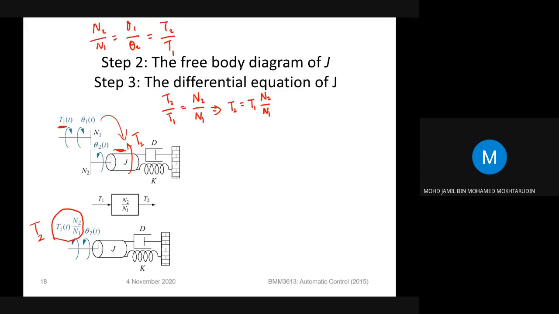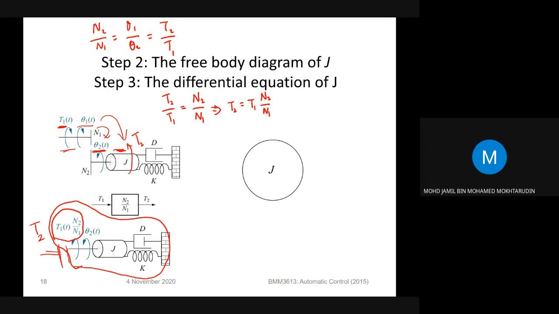And you can also transfer theta 1 to this side, but since you have theta 2 here, you don't need to transfer it. We'll discuss that later. When you transfer the torque here, you can ignore the gear sections. So your system becomes only this section, meaning it becomes a 1 degree of freedom system. We call this the gear reduction method.